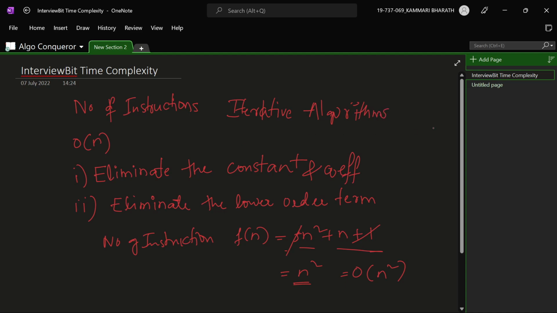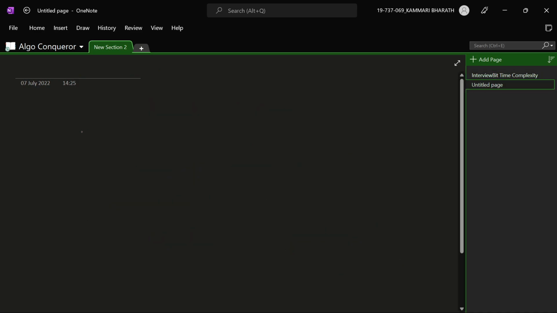Okay. Now let's take a look at recursive algorithms. For solving a recursive algorithm, you have to write a recurrence relation. T of n is the recurrence relation.